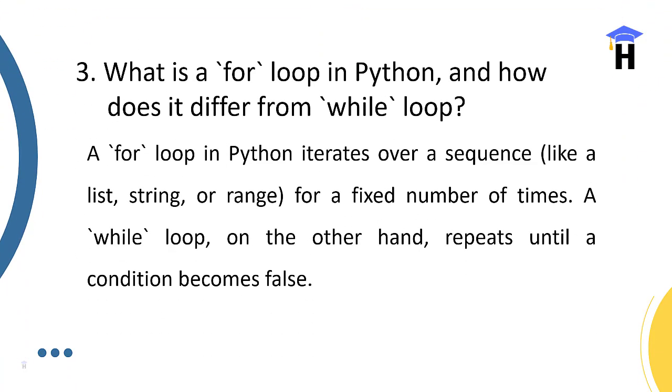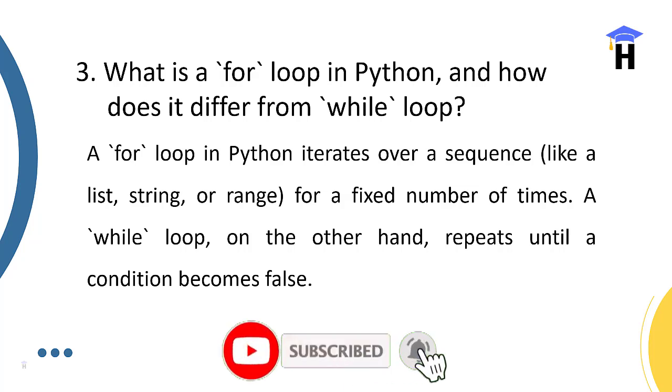What is a for loop in Python and how does it differ from a while loop? Both the for loop and the while loop are very similar, used for iteration over a sequence, for a group of text, a group of rows or records, or a string if you want to read character by character.